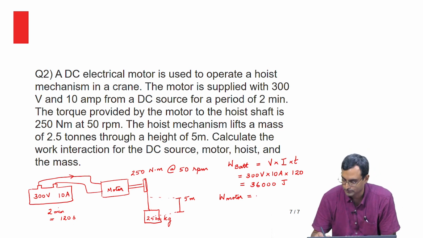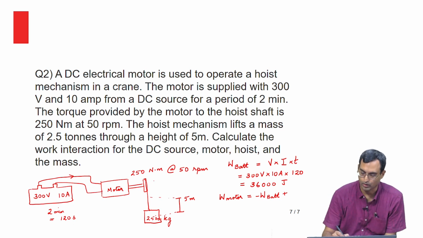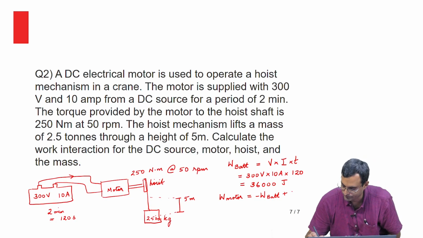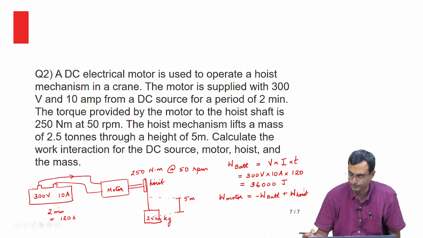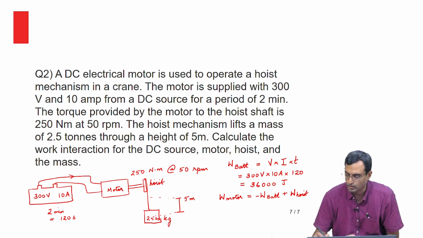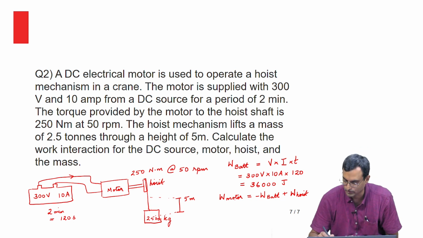So, it will have negative work done from the battery, and then it is doing work on the hoist. So, the work done on this motor due to the battery, we have already found out, it is 36,000 joules.